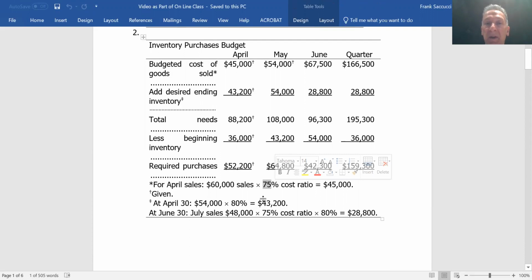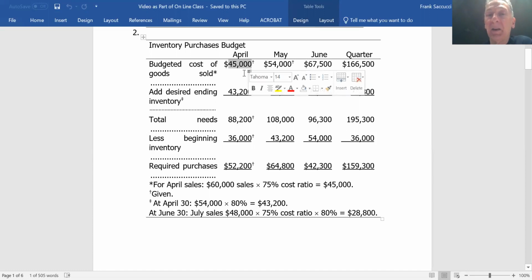So for every dollar generated in sales, 75% of that dollar will go towards the cost of inventory. If we anticipate $60,000 worth of sales in April, we would anticipate that $45,000 will go towards the cost of the inventory that we had to surrender to get that sale.